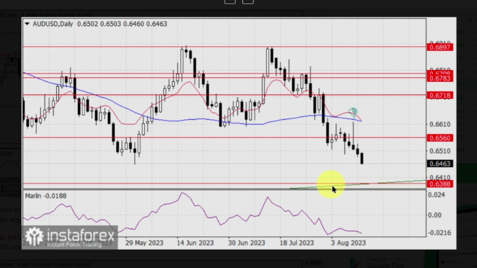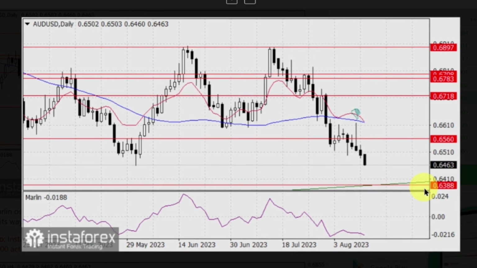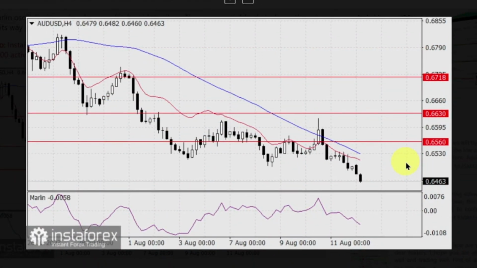The Marlin oscillator is moving downward in the bearish territory. There are no visible obstacles as the price makes its way to the 0.6388 target. On the 4-hour chart, the price has settled below both indicator lines.